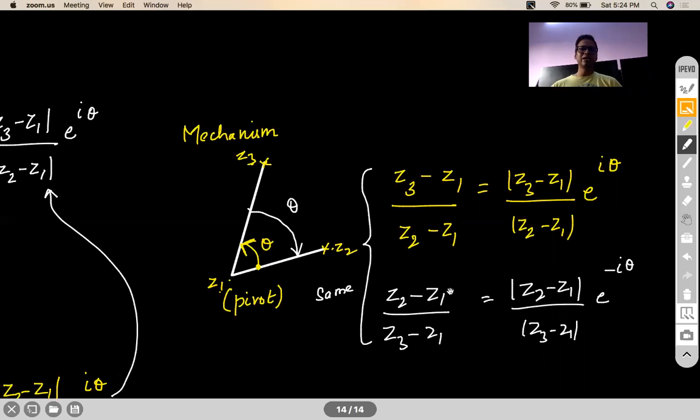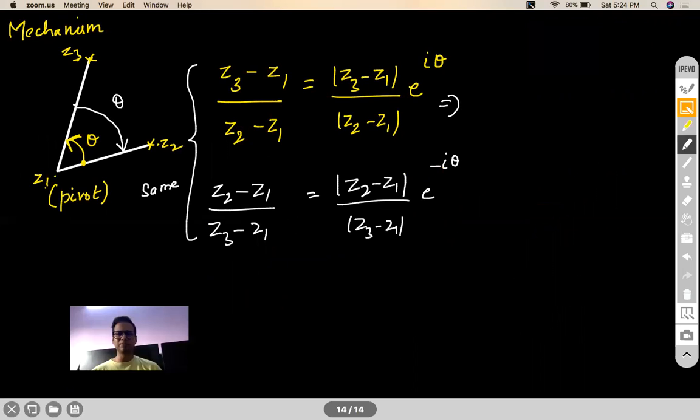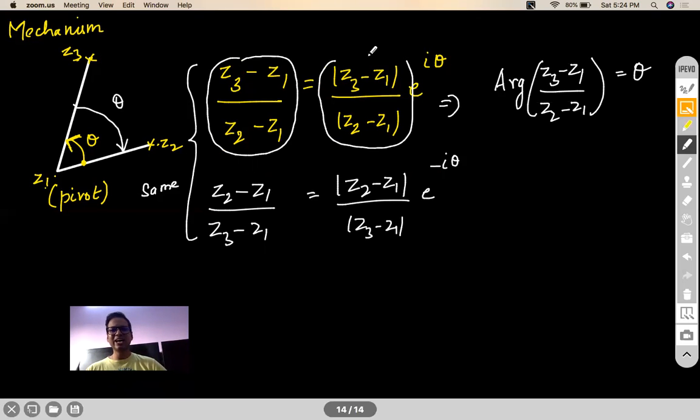One thing I would like to highlight over here is that when you're looking at it, never forget the fact that this is as good as saying that the argument of (z3 minus z1) by (z2 minus z1) is actually theta. Don't forget, after all, this is a complex number. At the end of the day, this is a complex number, right? Whose modulus is this and argument is this.